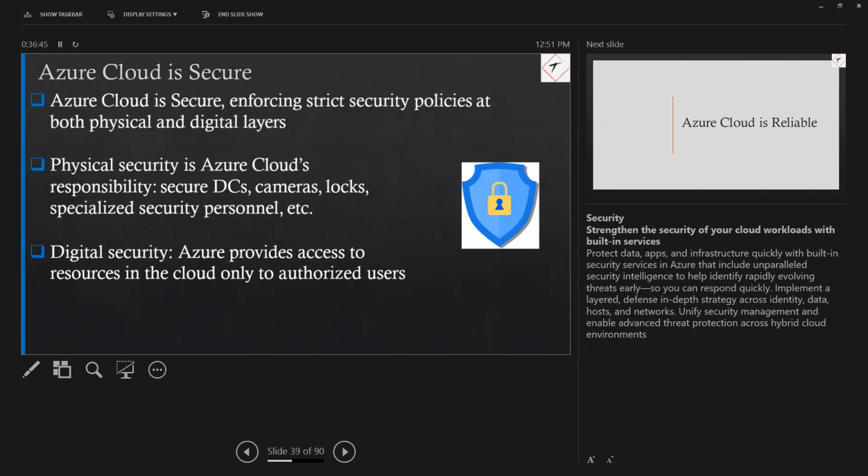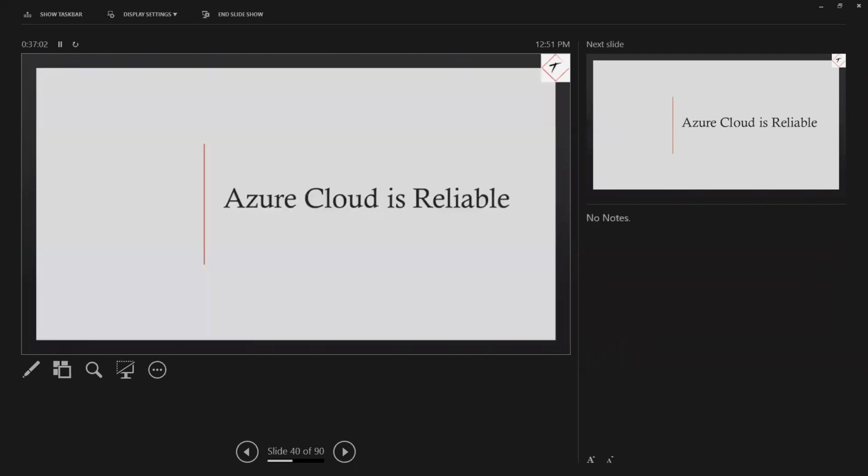They have physical locks and security personnel to take care of physical security. When we talk about digital security, Azure provides access to resources on the cloud to only allow authorized users to have access to the data.